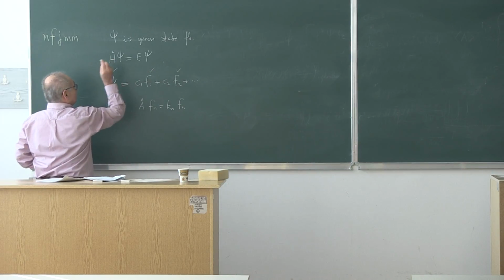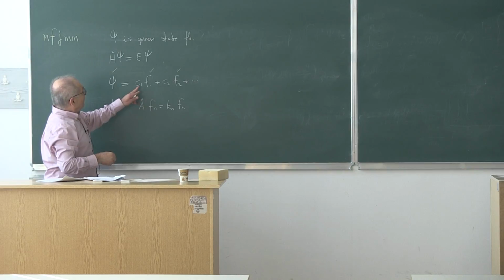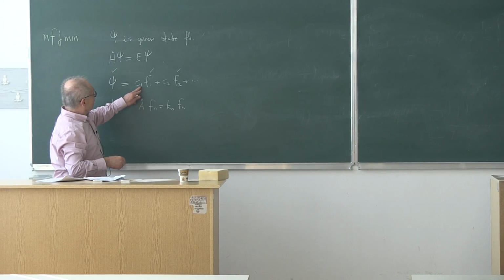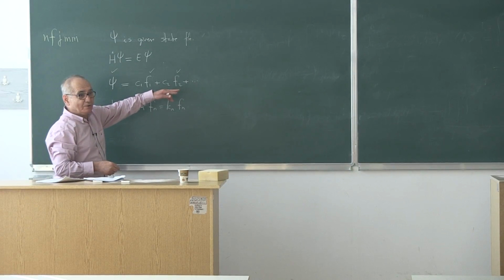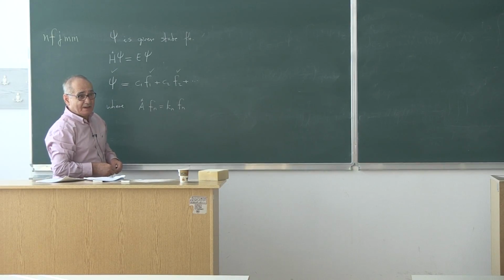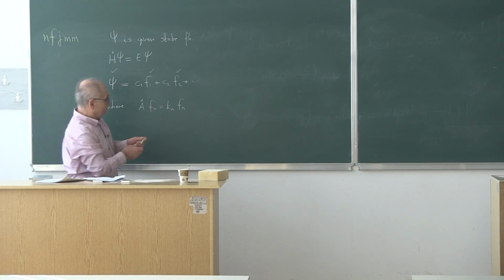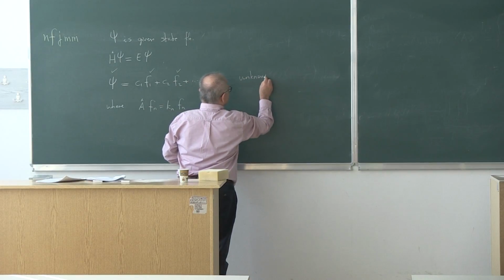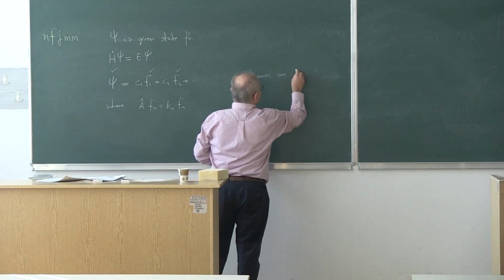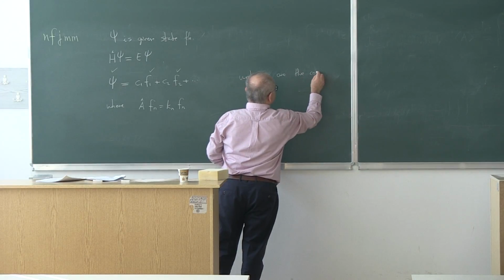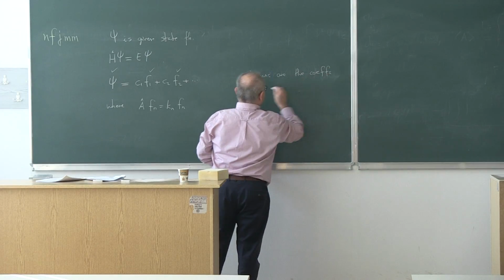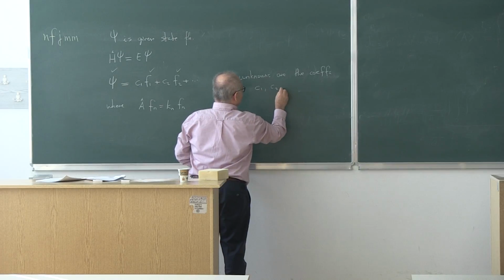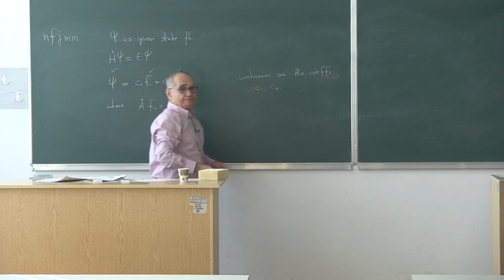Psi is also given. The constants C1, C2, and so on are called coefficients, and they are unknowns. Unknowns are the coefficients, which are C1, C2, and so on.